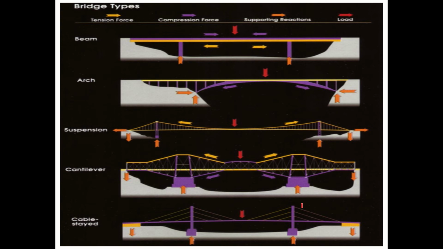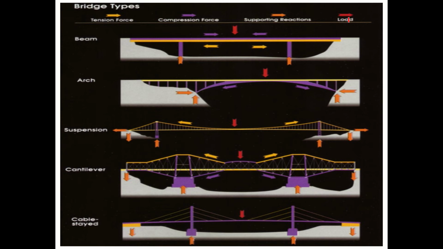Now these are bridges made up of different types of structures, and at the top are different forces. For example, the orange one is tension force, the purple one is compression force, this is the supporting reaction, and the red one is load.